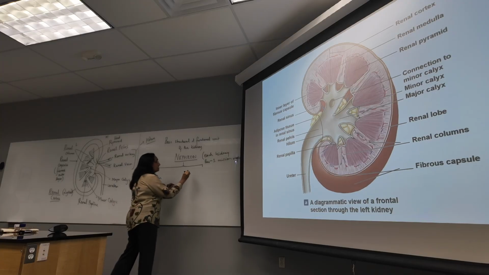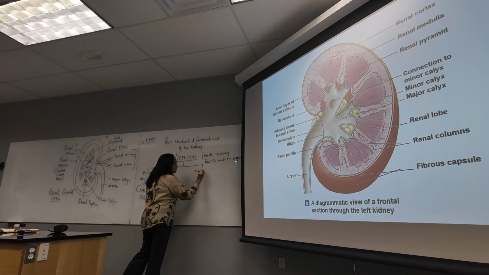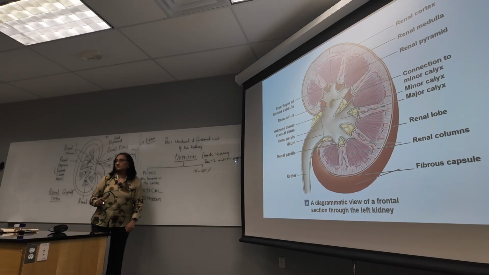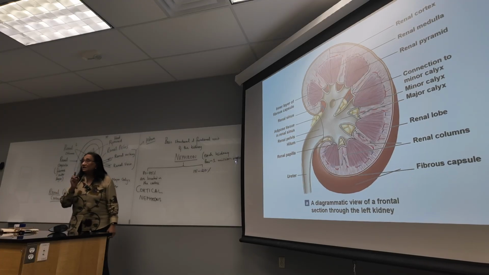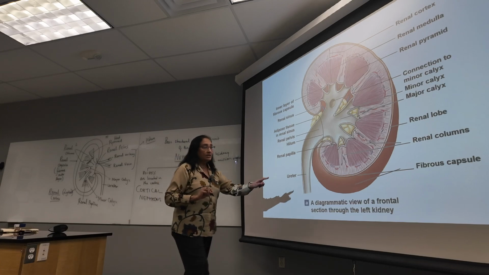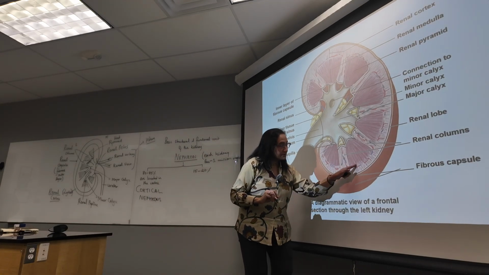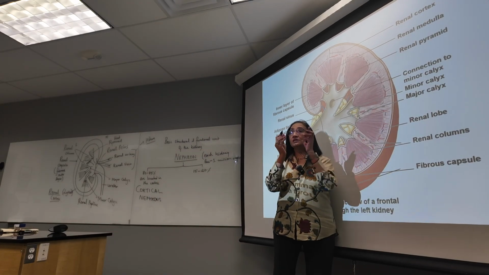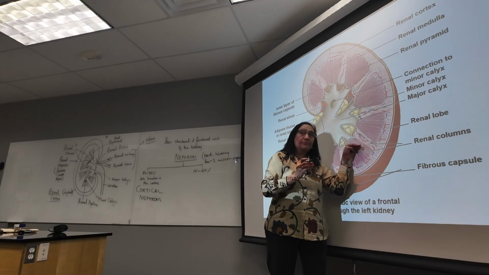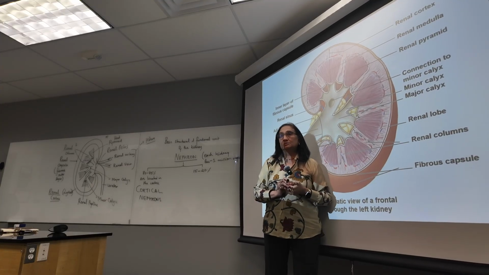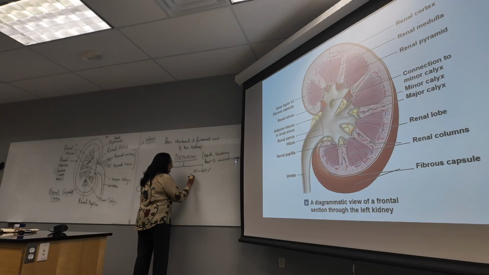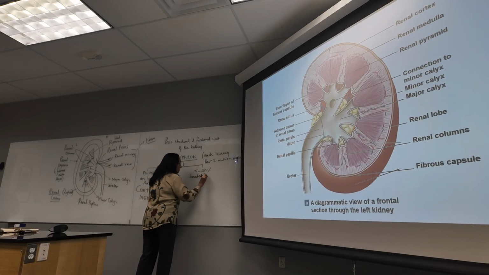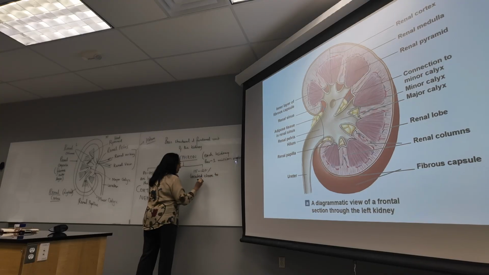So the remaining 15 to 20%. So 80 to 85 is in the cortex. The remaining 15 to 20 is actually close to the pyramids. Okay, they are close to the medulla. They are not in the pyramids, but they are close to it.